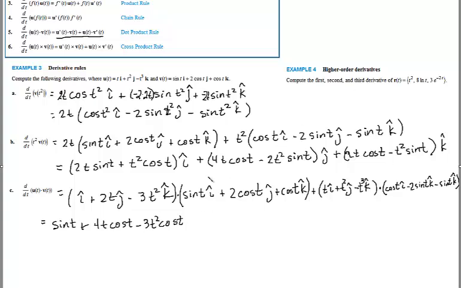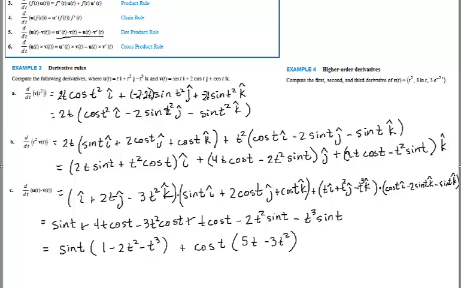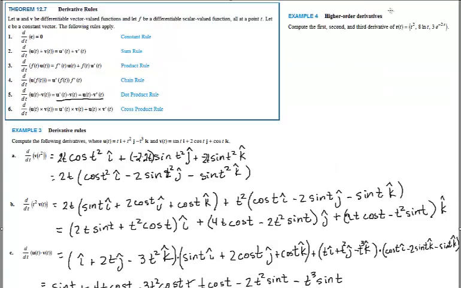I'll write the rest down because I've got to continue on with the others. Wow, how messy that was. That was really messy. Okay, I'm going to do example 4, but I'm going to move it. That last one sure was messy, wasn't it?